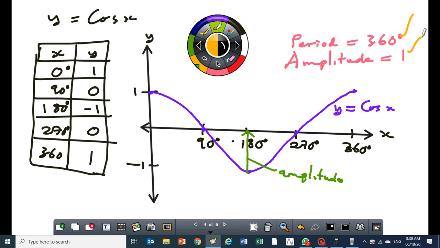That's your amplitude for the basic graph when it's not shifted. When it's shifted, it's better to use y max minus y minimum, then you divide that by 2. Don't worry, I've got an example where I'll talk about that. So you must have your table, then you sketch the graph of cosine of x.